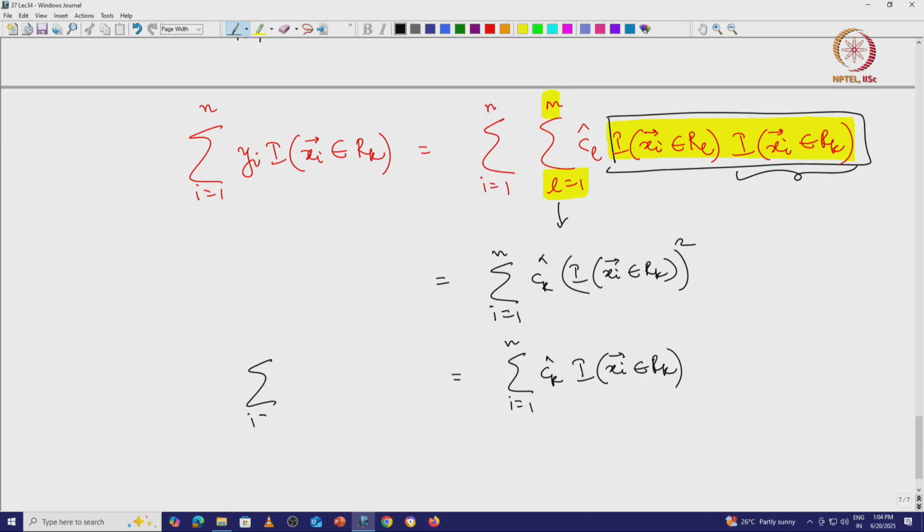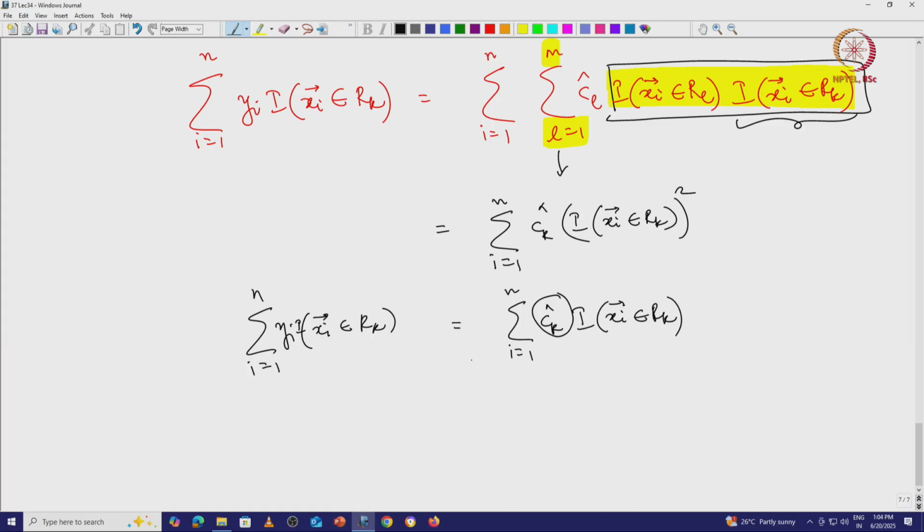Okay. So that is really nice, and immediately what you see is this Ck hat can be taken out. So what do you get now?